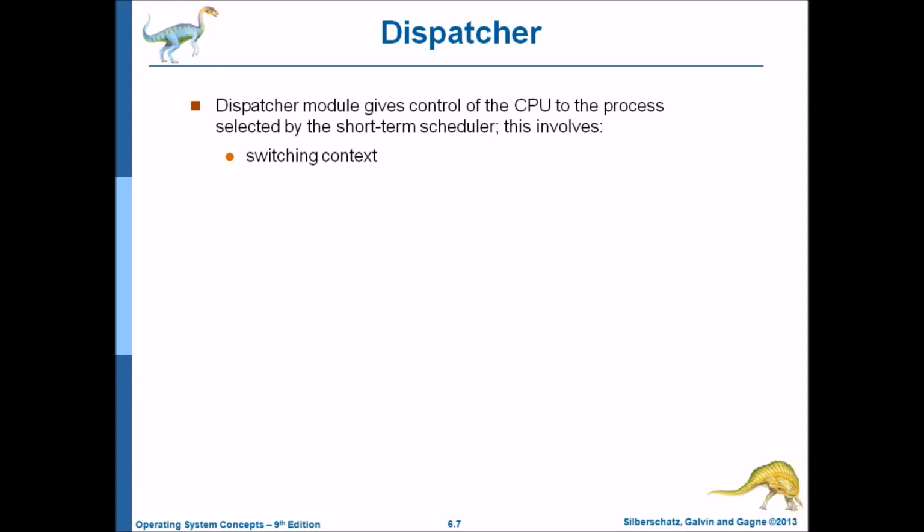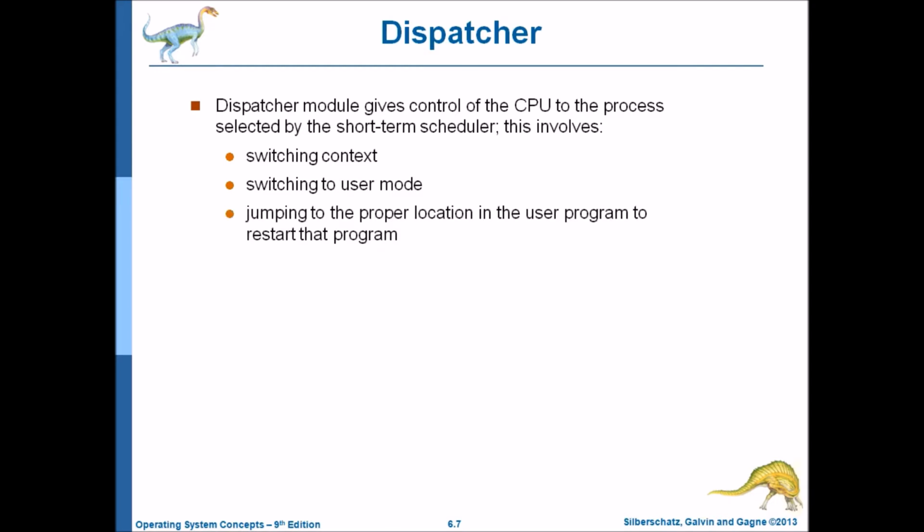So one job which is already in the CPU has been taken out, and then a new process is loaded. So switching to user mode, and then jumping to the proper location in the user program to restart the program.